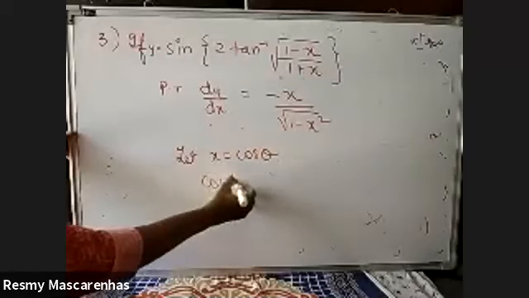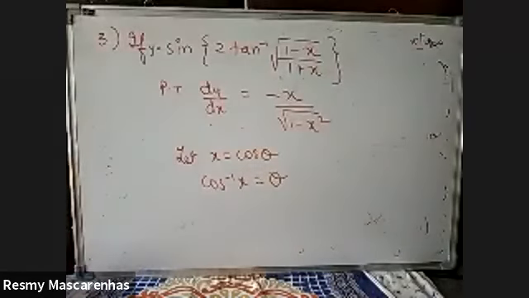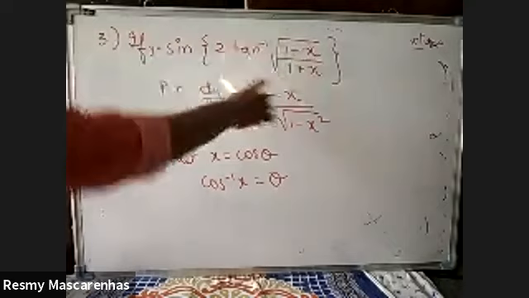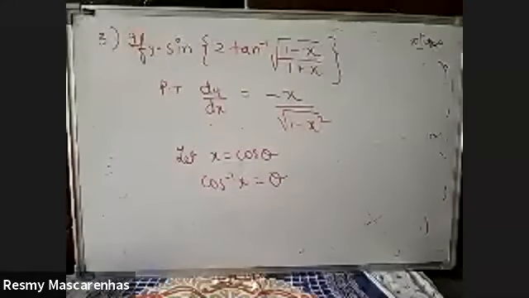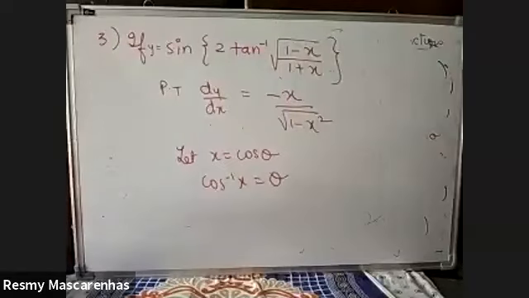So theta is what? Cos inverse of x. And now substitute 1 minus cos theta upon 1 plus cos theta and solve. Write the function back in terms of cos theta and try to simplify.